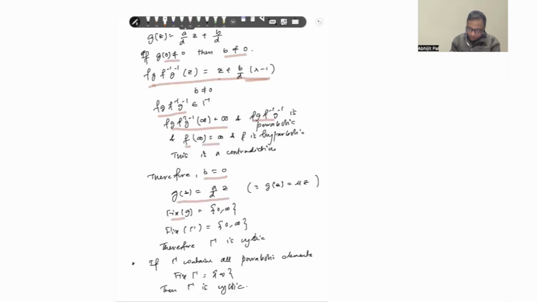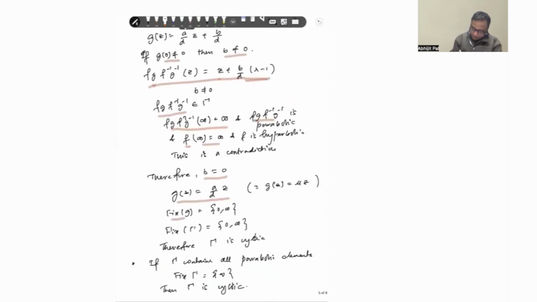We started with two elements. f of z I have taken to be of the form lambda z, and you can take g to be any arbitrary non-identity element. So we have proved that g of z is of this form (a by d)z.